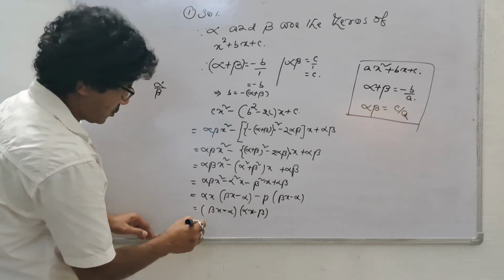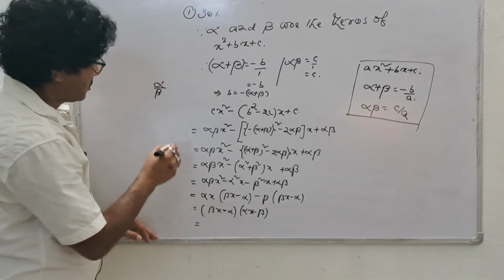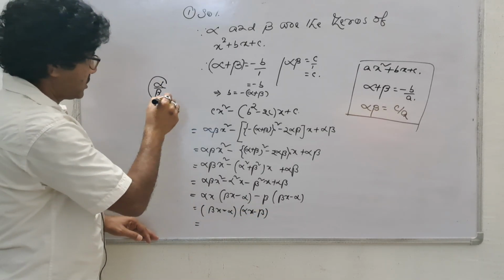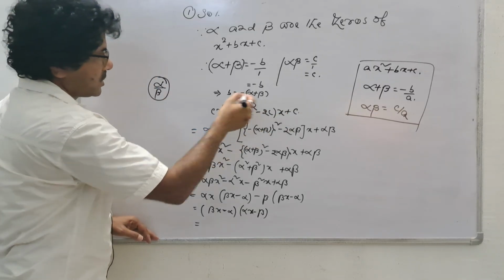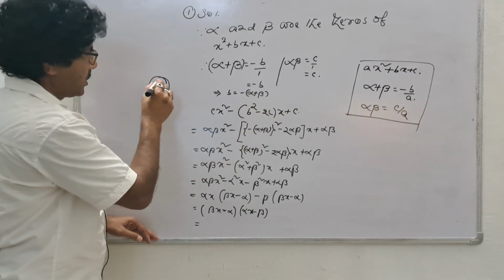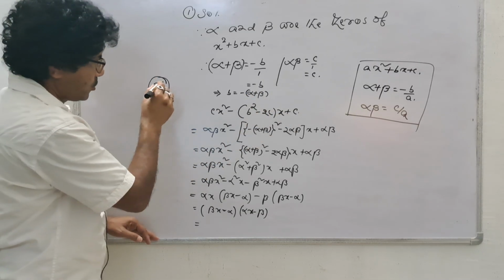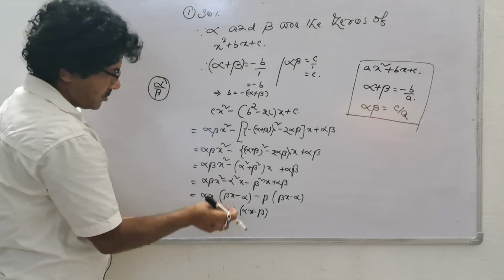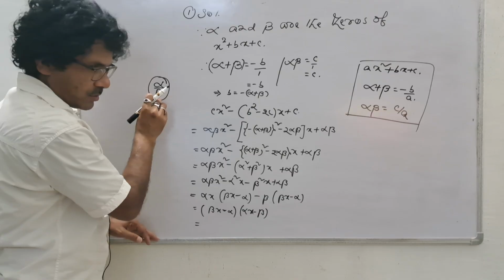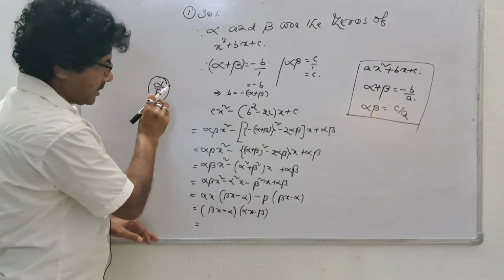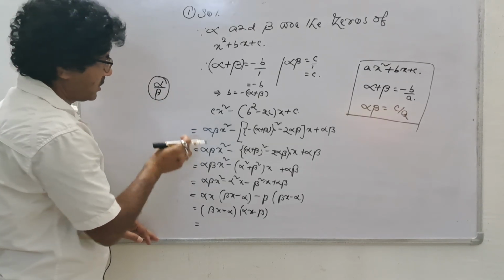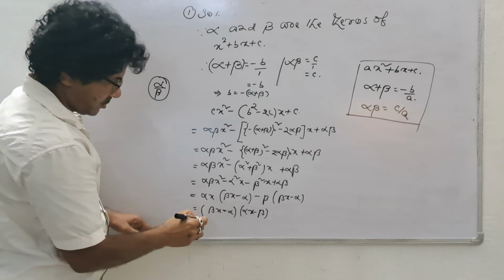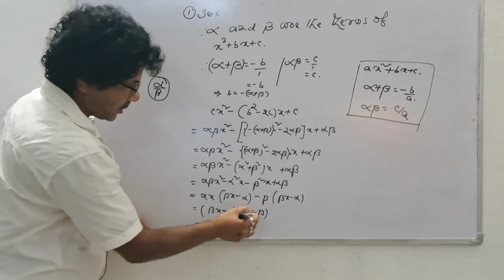And now, we have to prove that alpha by beta is a zero of this, so you just put the x value as alpha by beta, and if the result is 0, then it must be a zero of this.